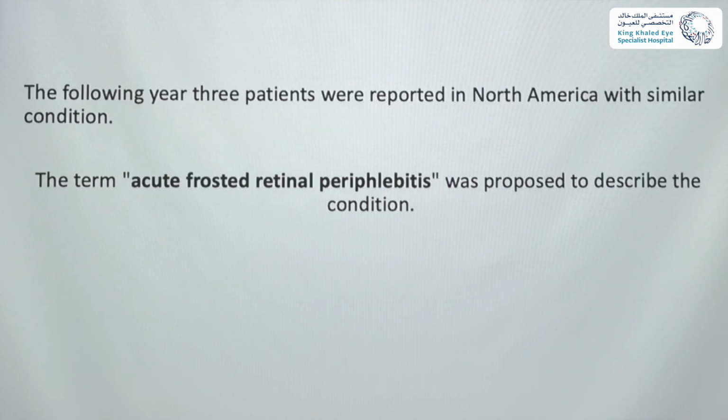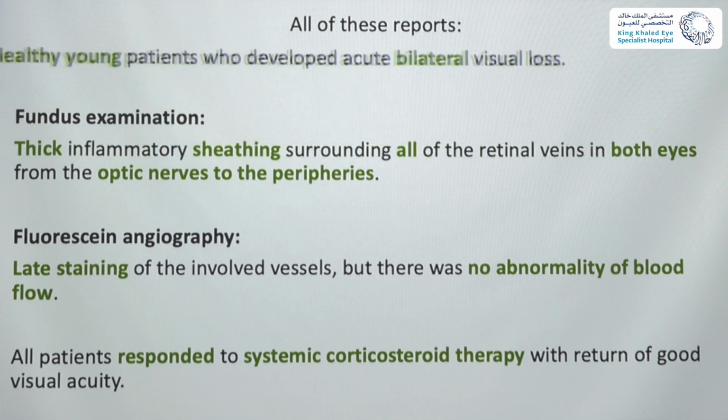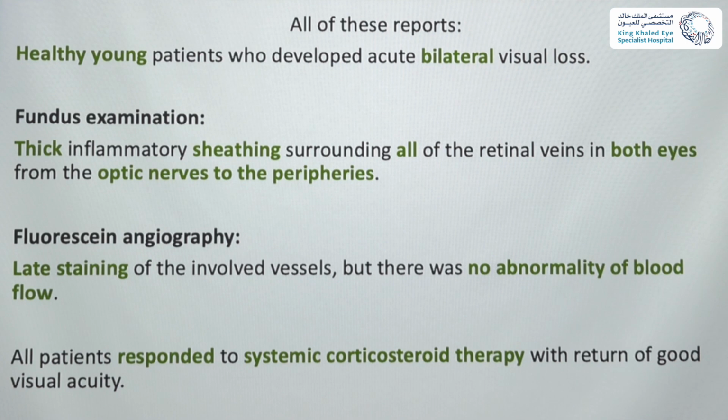The following year, 3 patients were reported in North America with a similar condition, but the term acute frosted retinal periphlebitis was proposed instead of frosted branch angiitis. All of these reports have a similarity: the patient was healthy and young, and the visual loss was bilateral.